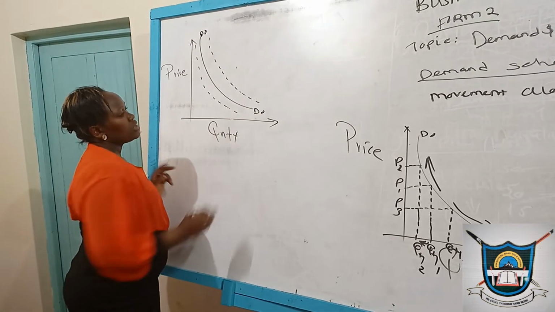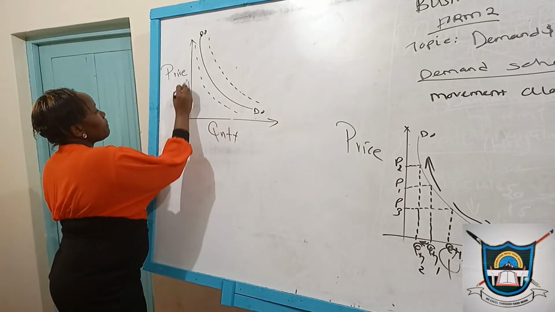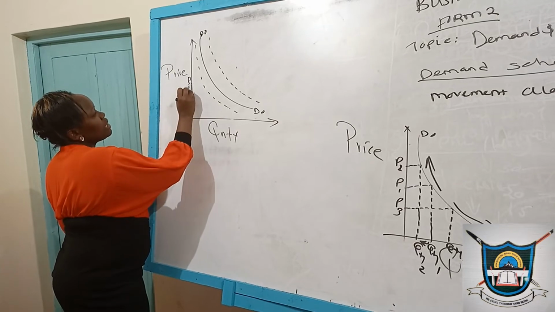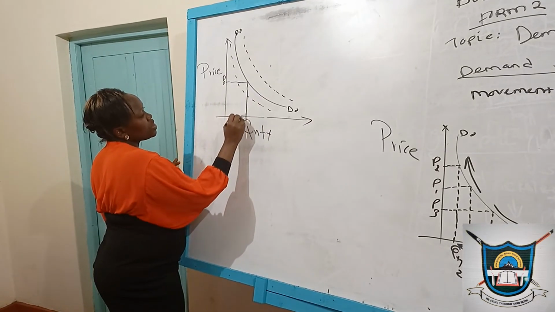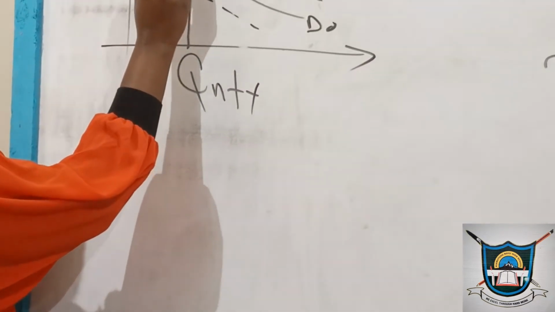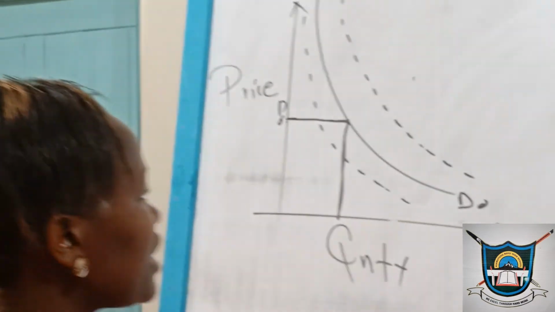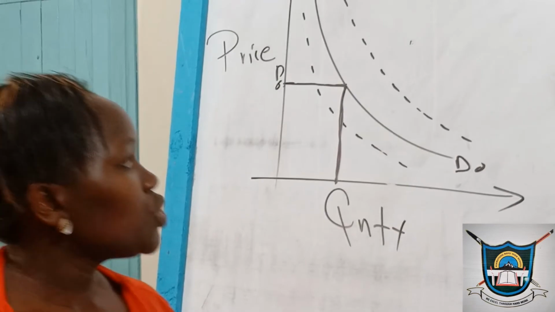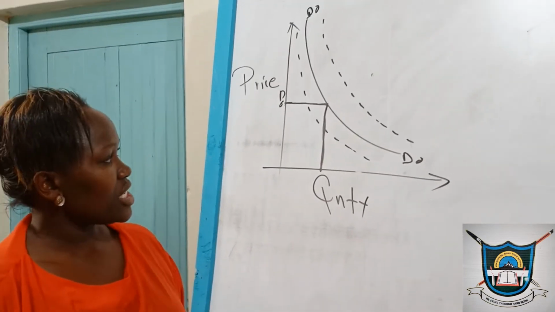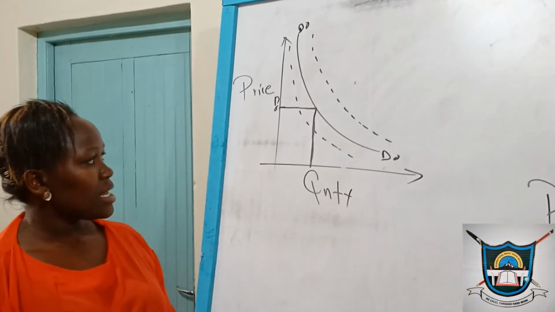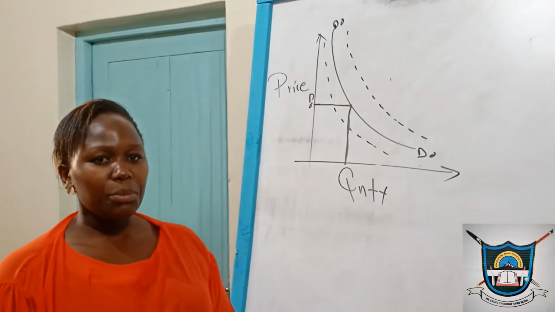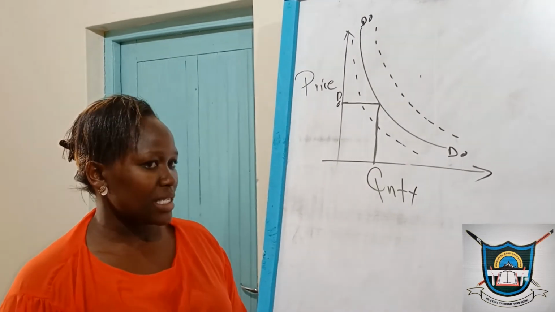I'm going to call it D0. And the original price was here. Now, I'll just take a single factor, and in this case, I'm going to take changes in the population of the consumers. I'll start with an increase in population of the consumers.